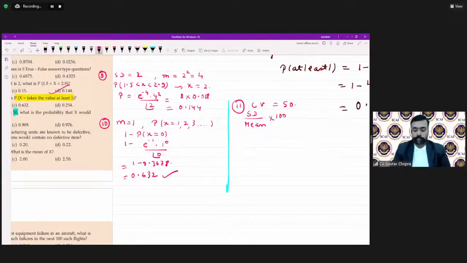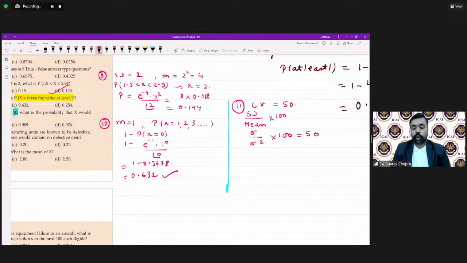This is the formula. Now, in case of Poisson, we know that mean is equal to variance. So we can write standard deviation as sigma and mean as sigma square, that is square of standard deviation. Multiply by 100 is equal to 50.